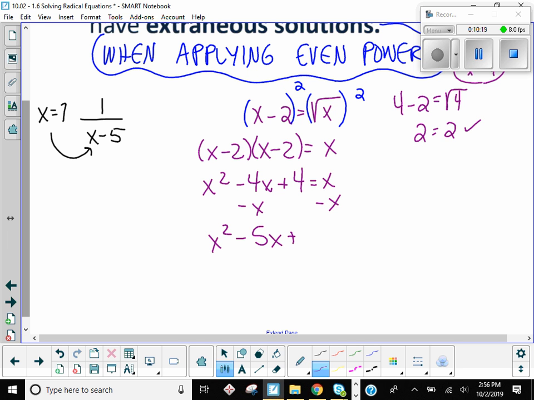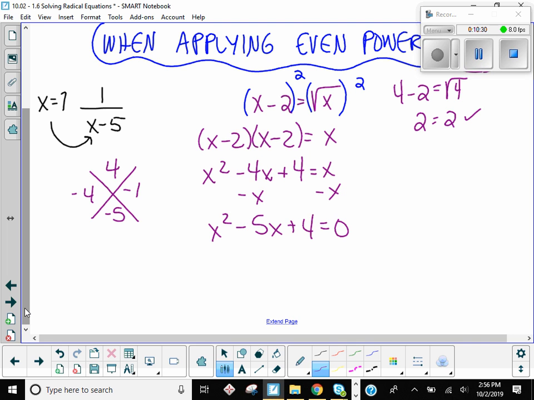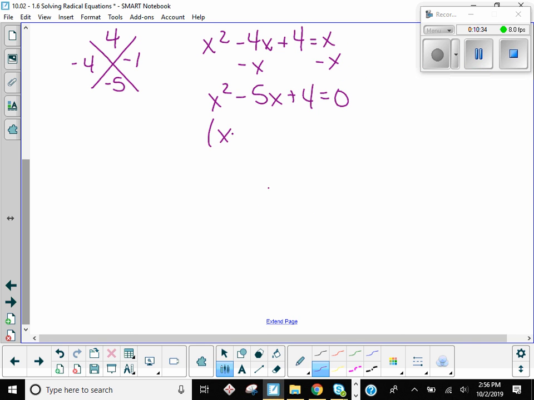And I would have this. And then I would factor what multiplies to 4 and adds to negative 5, negative 4 and negative 1, you would make your factors. And you would solve them, and you would get x equals 4 and x equals 1.